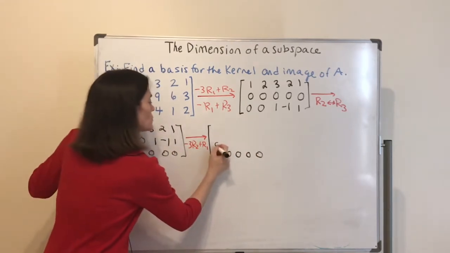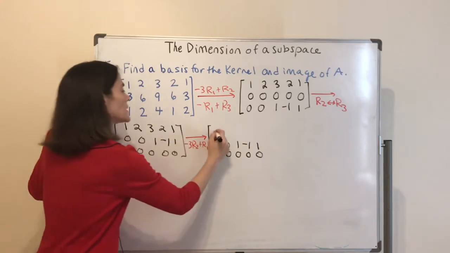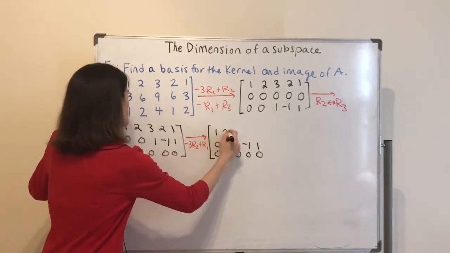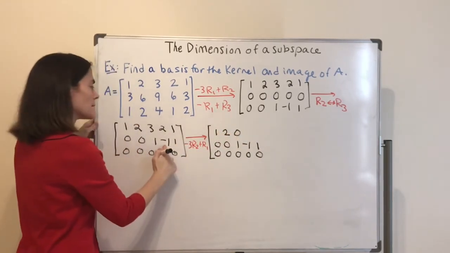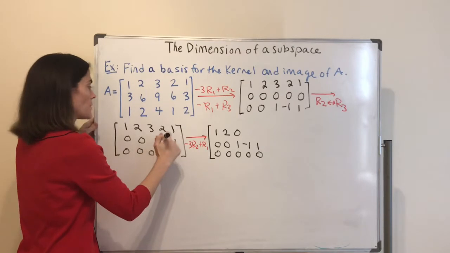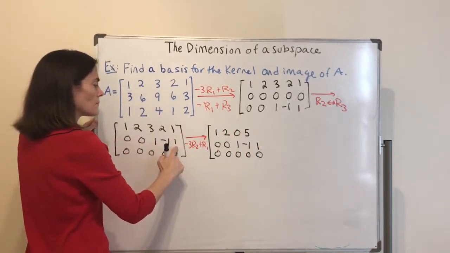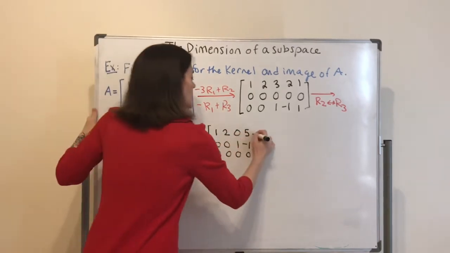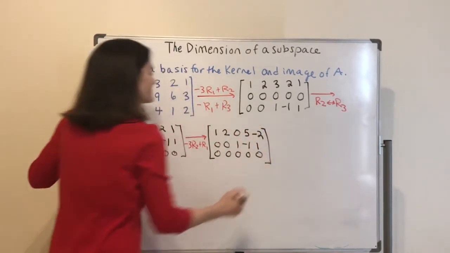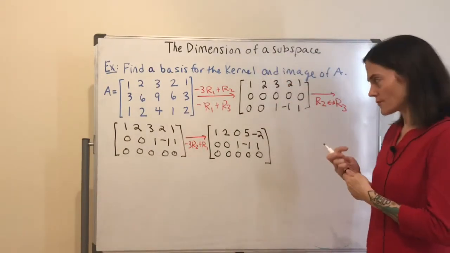Row 2 remains, and then row 1 is 0, 1, 2, 0. And I take -3. This turns that into a +3. Here we get a 5. And then -3 plus 1, -2. This is in reduced row echelon form.